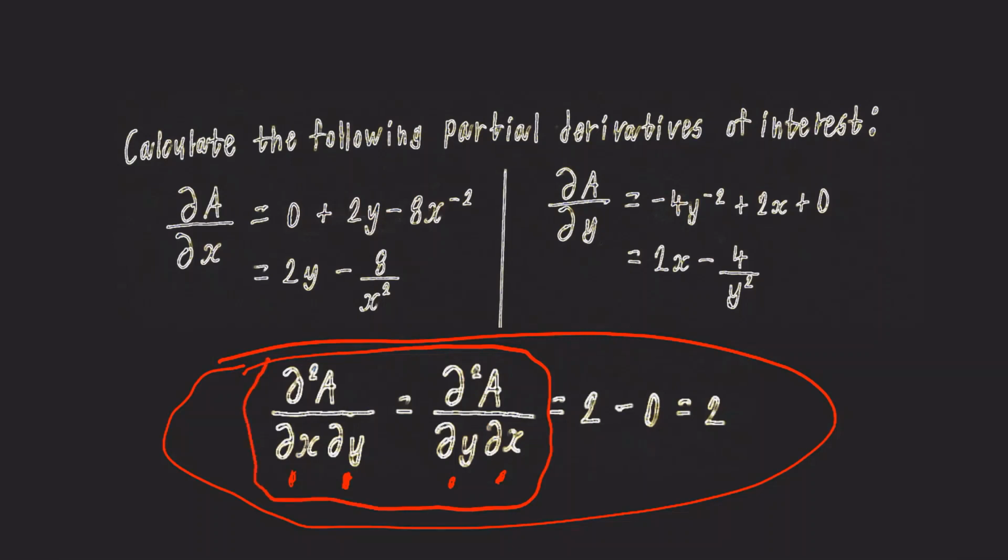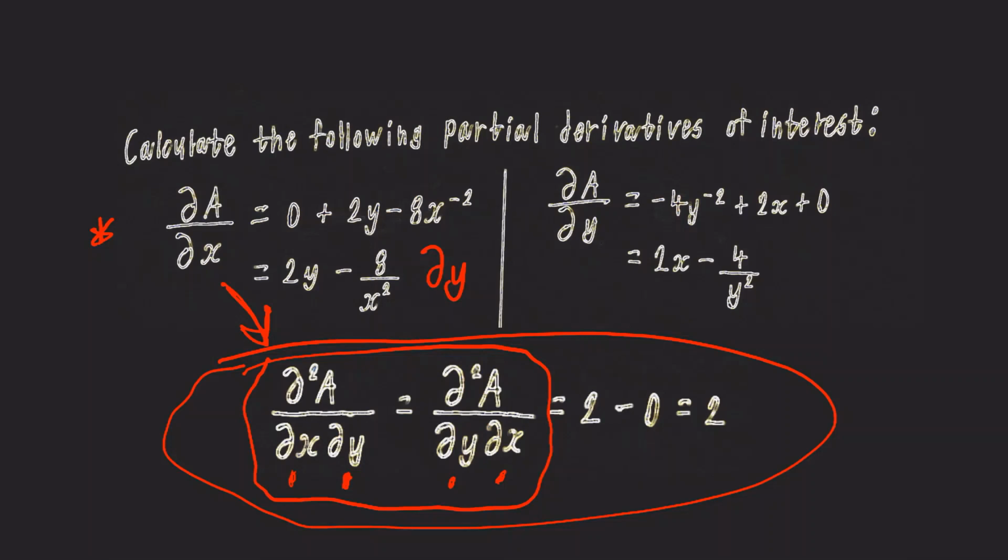So let's just try, let's differentiate this with respect to y, so that we get this thing right here: 2y minus 8 on x squared. So now we're differentiating it with respect to y.